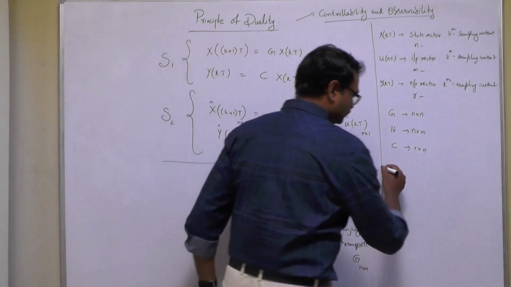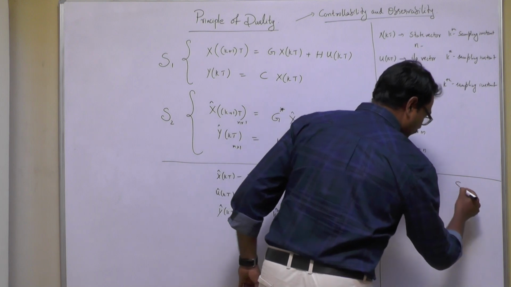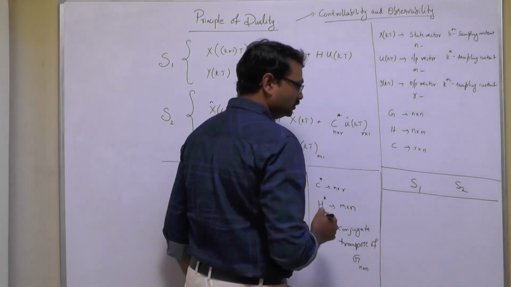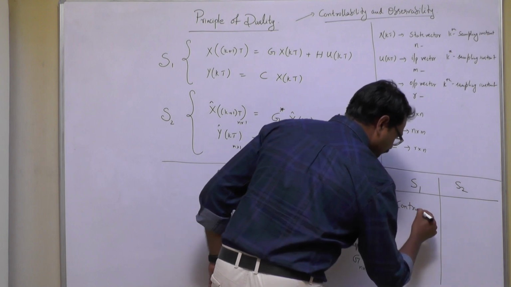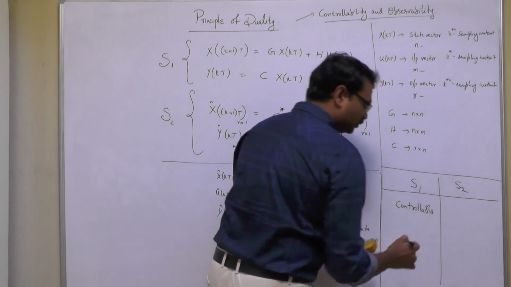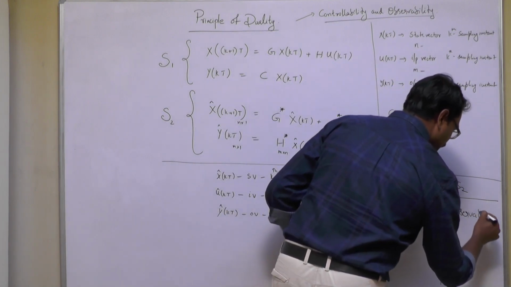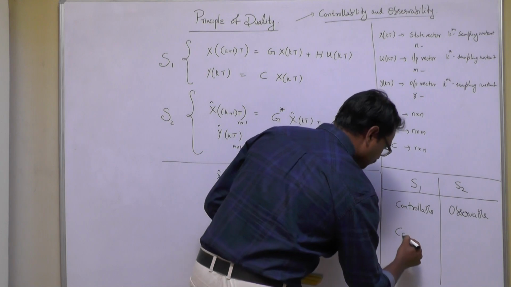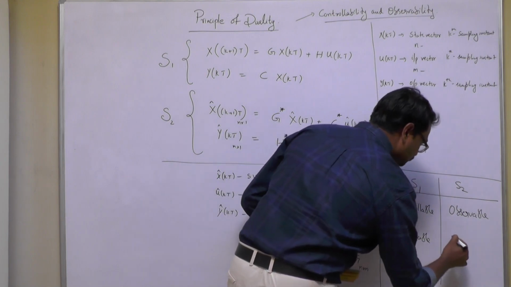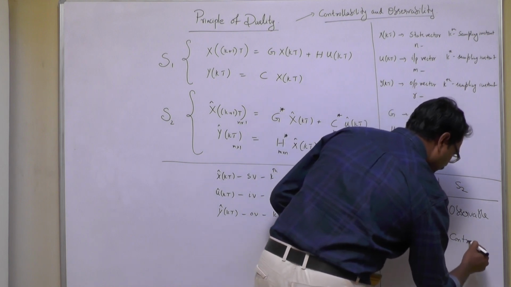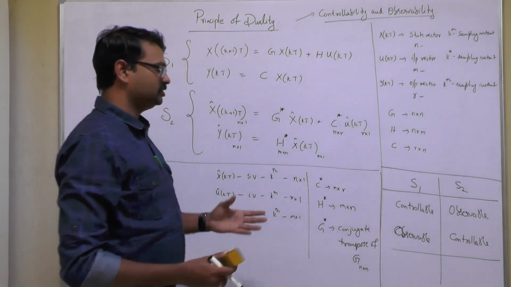For that we can have a small table: systems S1 and S2. If system S1 is controllable, system S2 is observable, and if system S1 is observable, system S2 is controllable. Right, so this is the principle of duality.